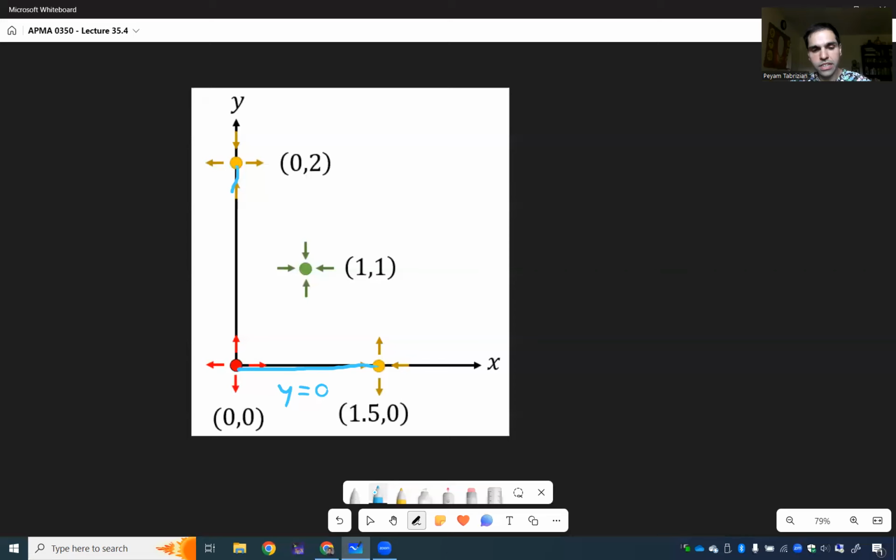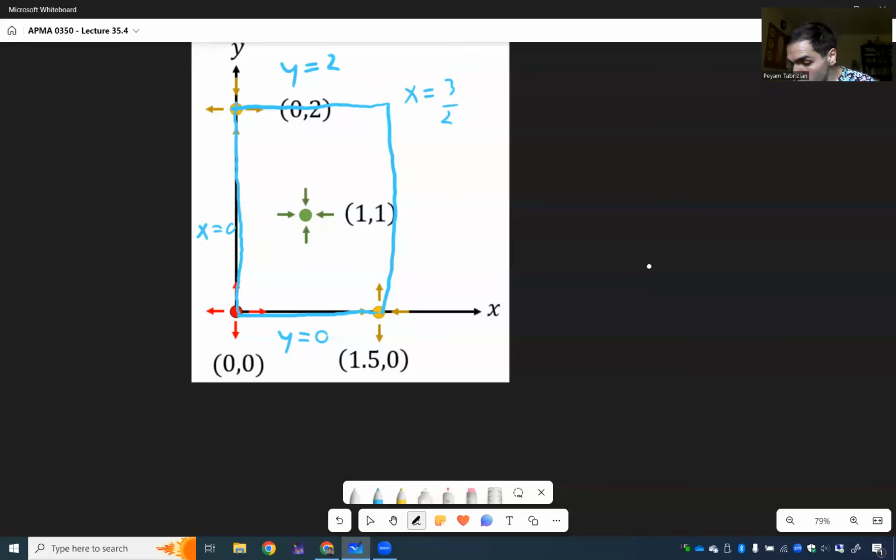One will be x equals 0, like this, meaning no rabbits. X equals 3/2, so rabbits are at maximum capacity, and y equals 2, so sheep are at their maximum capacity. And now we will see what is going on on each of those axes. And that will help us figure out what's going on.